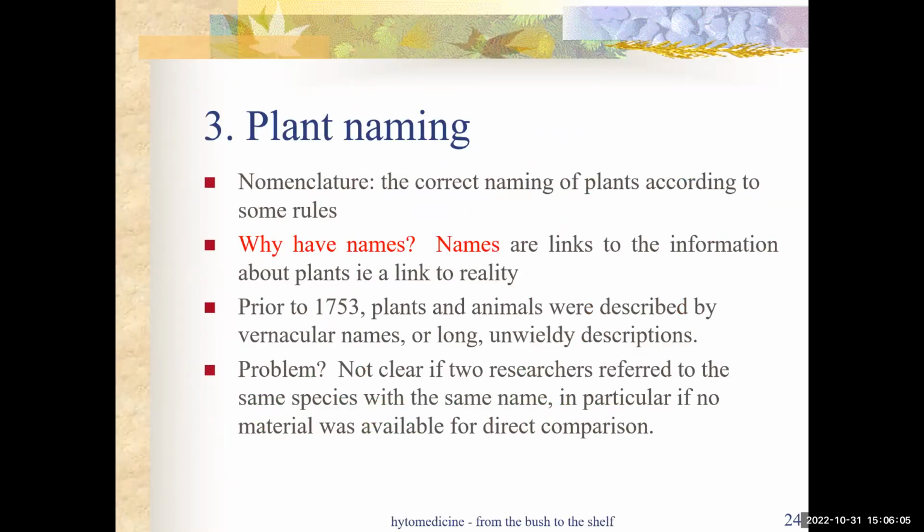So, naming of the plant. So you have identified the plant, then you need to name it. So we have a terminology there, nomenclature, which means naming, correct naming, using particular rules. Now, in many of our cultures, even for ourselves, when we are given names at home, there are certain rules that are used. For example, in my community, the way we name a young person is you name them after their grandparents, okay?